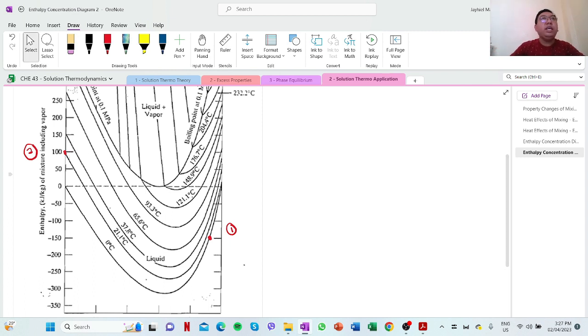So I will manually draw it. I don't have a ruler with me, just my comb here, to guide me. I'll just use the other side. So I'm basically connecting the two.